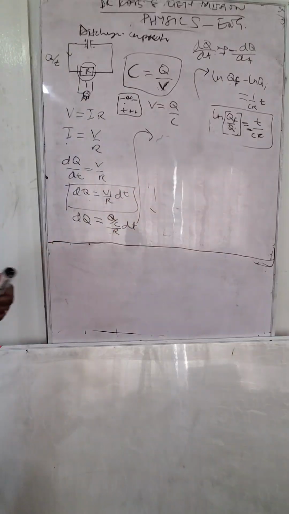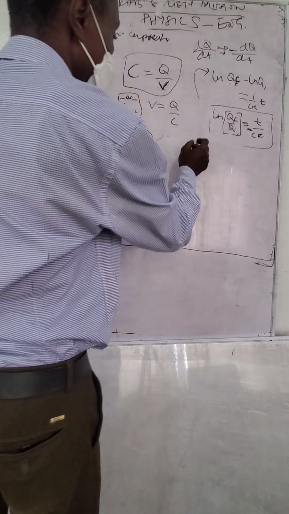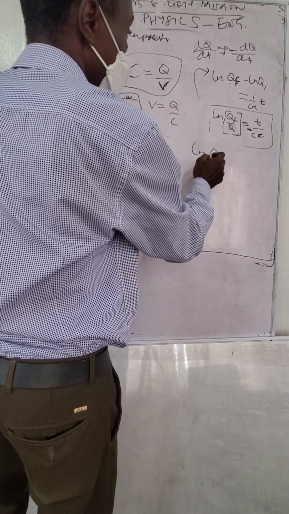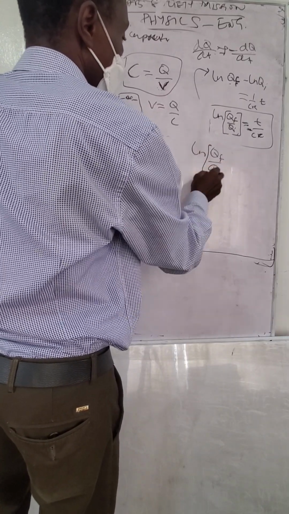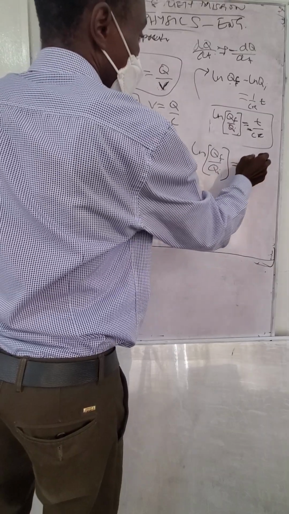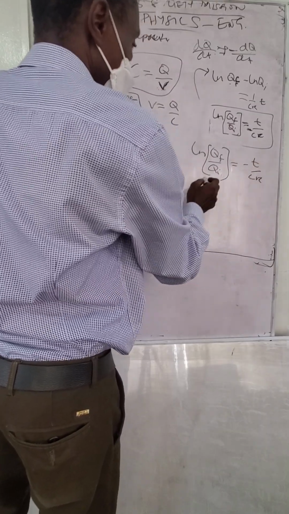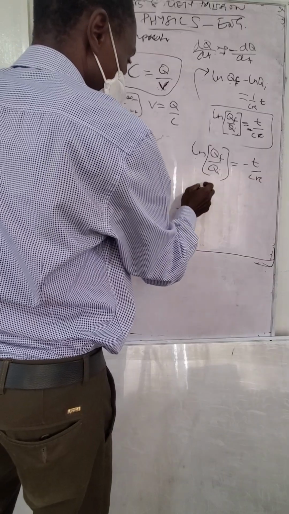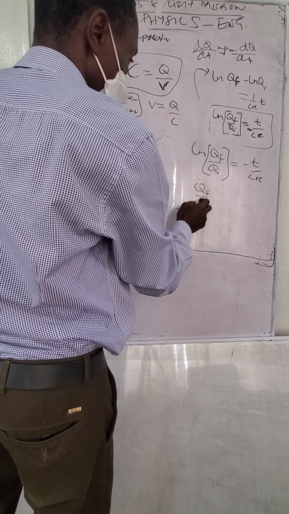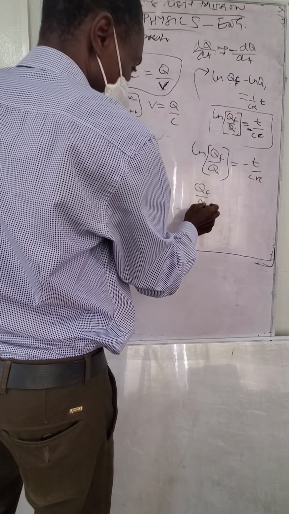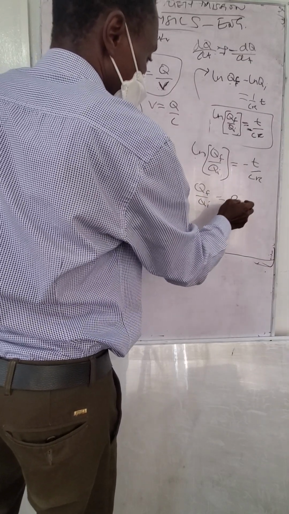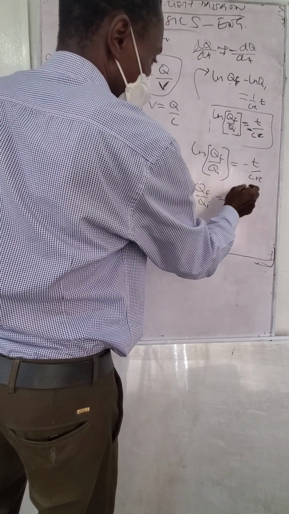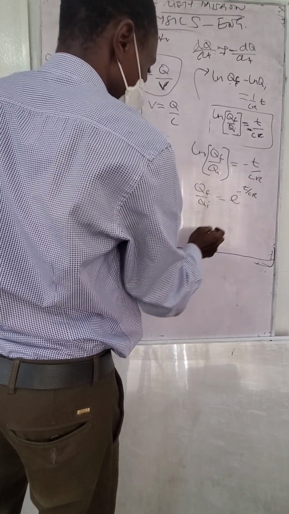We have natural log of q final over q initial equals minus t over CR, which can be rewritten as q final over q initial is equal to e to the negative t over CR.